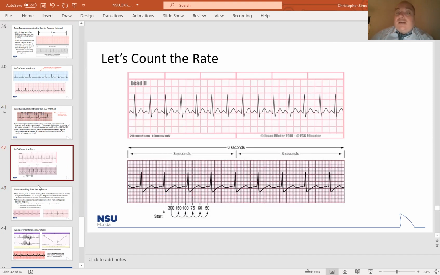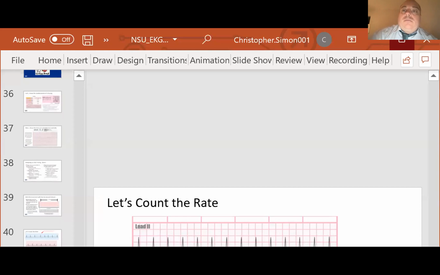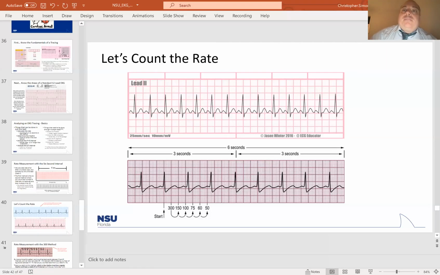And this only works again for regular rhythms, okay? So let me just find something here. Is that regular? That looks regular. Okay, cool. So this guy, we're looking at this. Oops. Hold on. Annotate. Draw. There we go.